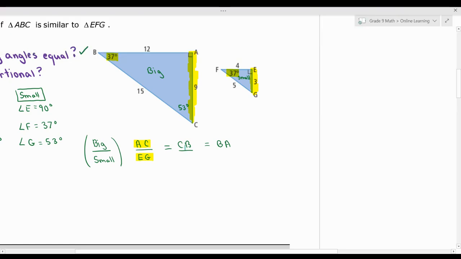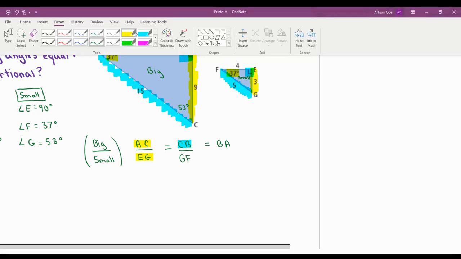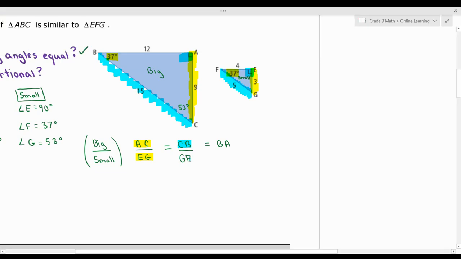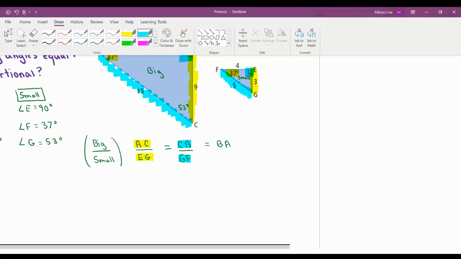Okay, so then the next one, CB. Imagine going from C to B. It's opposite of the 90. So then I'll go to my small triangle, find my 90, which is right here. That means I can compare CB to side GF. So I'm going to write this down as GF. You can also call it FG. The order doesn't matter. It's still the same line.